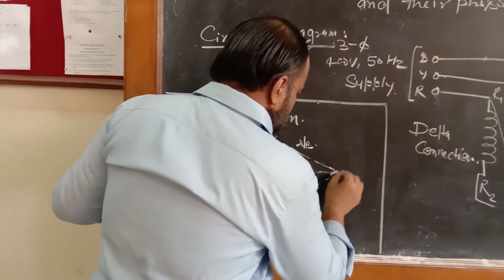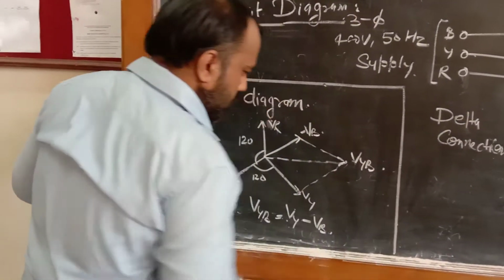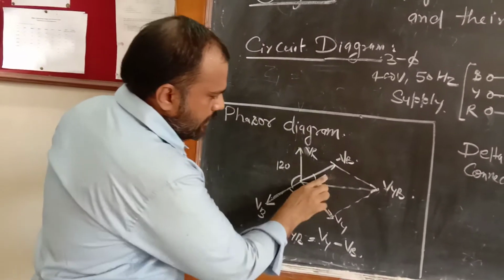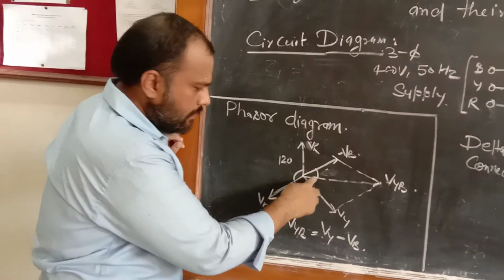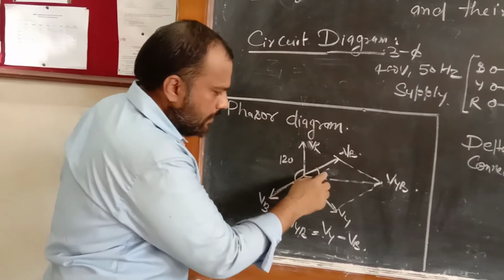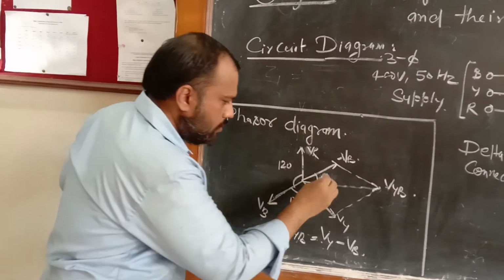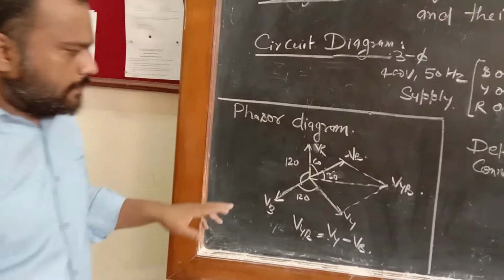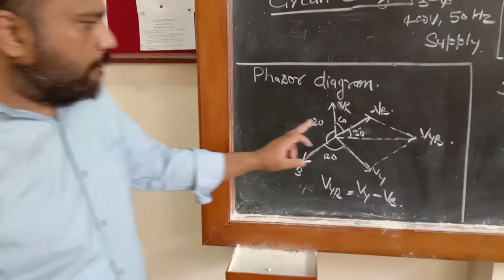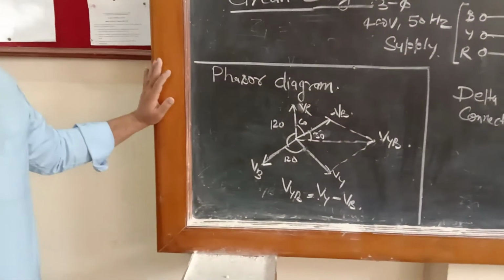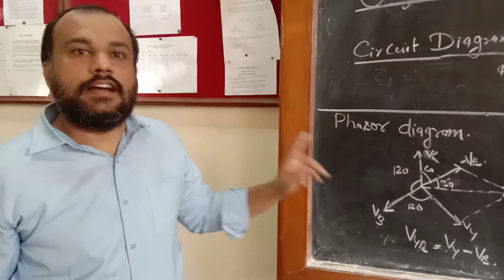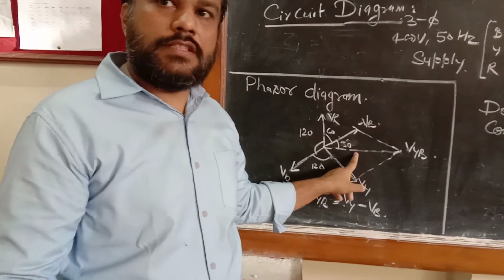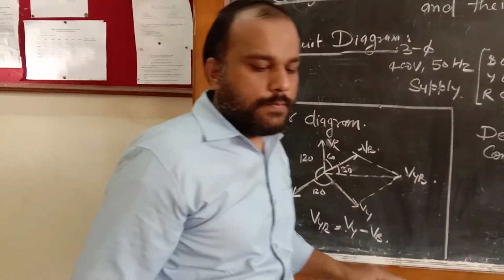So this is Vyb, the line voltage, and this angle is 60. This is 120, this is 60 degrees, and 60 is divided by 2, so this angle is 30 degrees. So the phase difference between phase voltage and line voltage is 30 degrees. This is the line voltage, this is the phase voltage, and the phase difference between line voltage and phase voltage is 30 degrees.